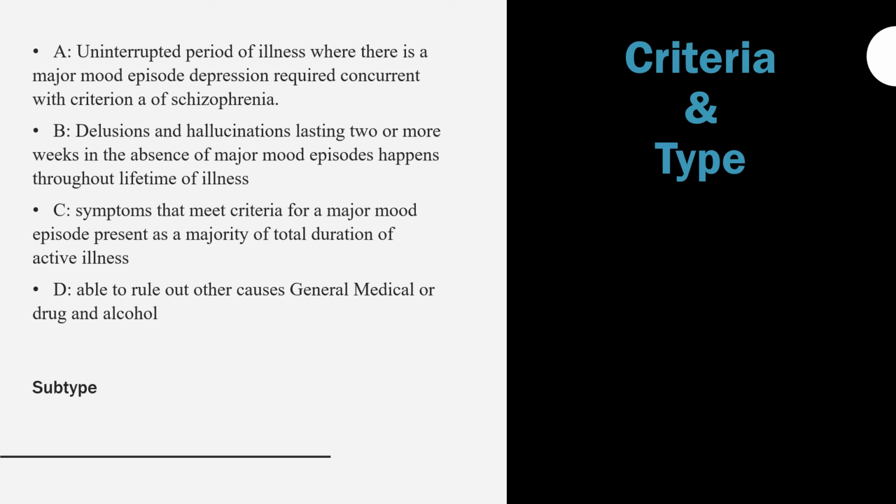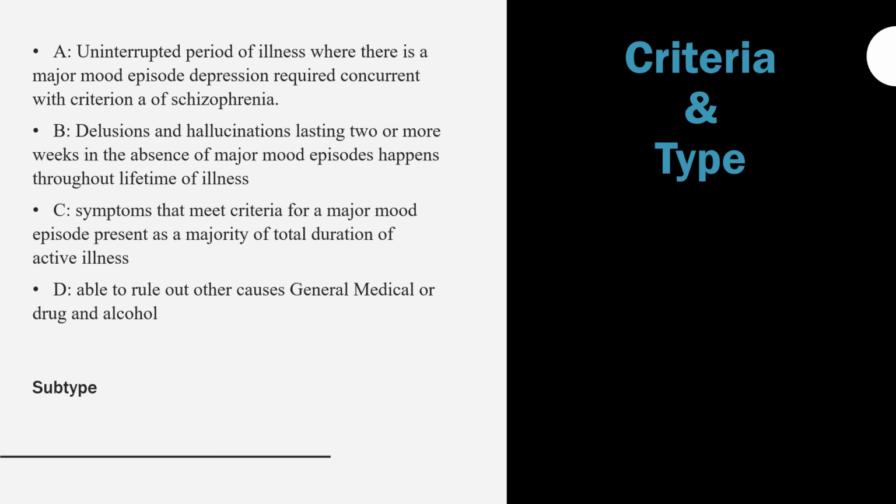So category C, symptoms and main criteria for major mood episode are present as majority of total duration of active illness. In other words, it's there. It's just a constant. And so there's going to be a bouncing back and forth, but it's also noticing 2 or more weeks.